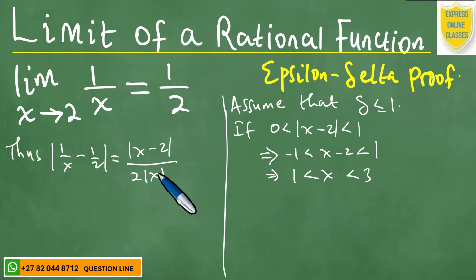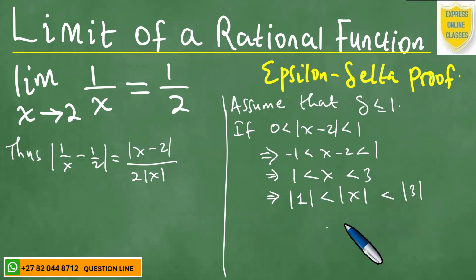But now we note that the absolute value of x is in the denominator, and so we must show that 1 over the absolute value is less, and so we must consider the greater than part. All these things are positive here, so we can take the absolute value: 1 is less than the absolute value of x, less than 3.